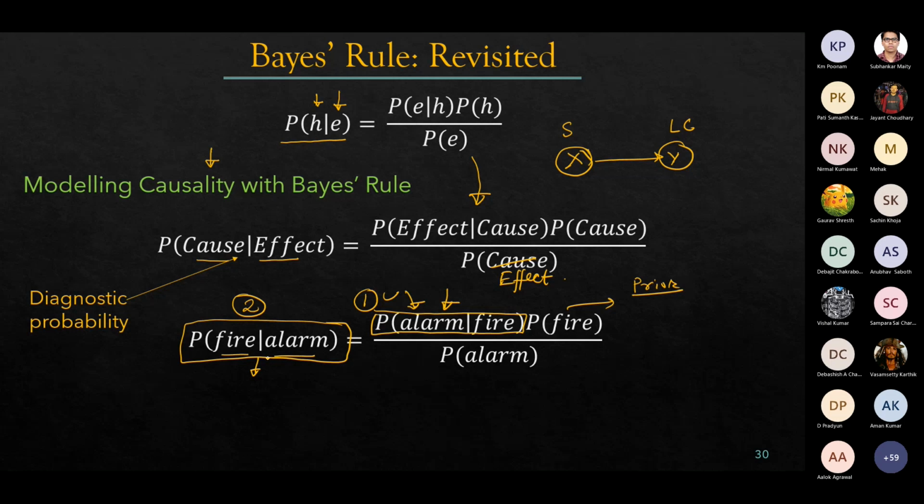That can be another reason, a false alarm that is set off. But there might be fire or there might not be fire. So you want to diagnose the cause for which an effect has happened, right? That's why this kind of probability is called a diagnostic probability, right?